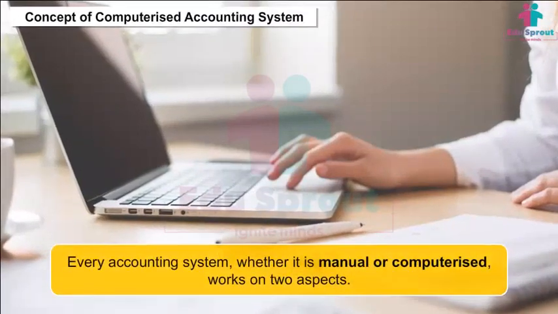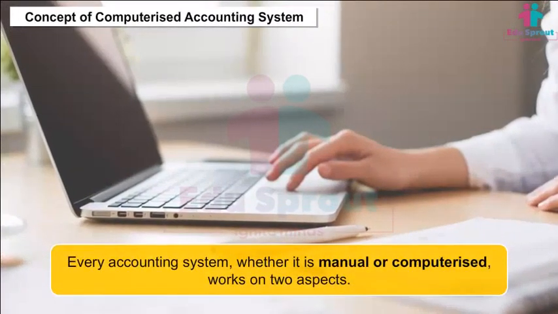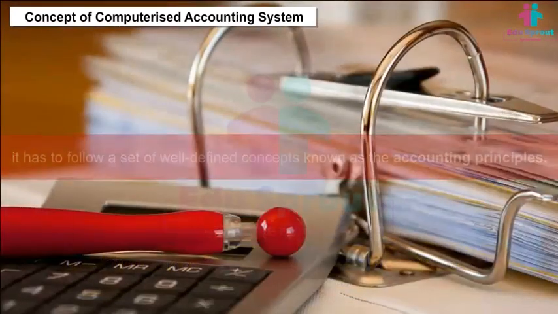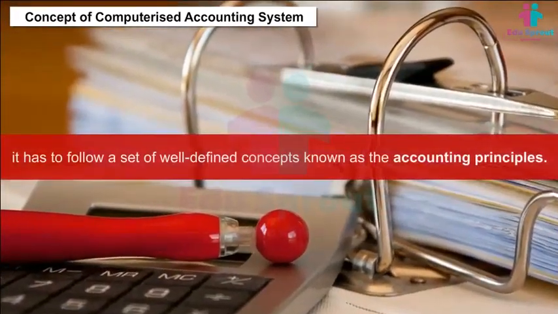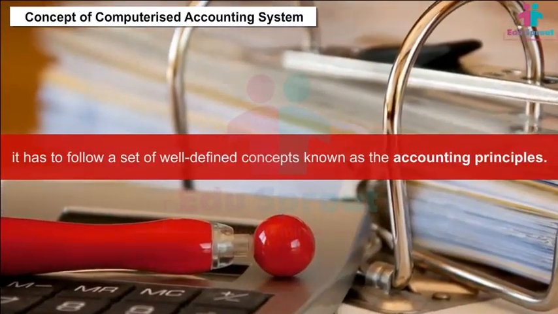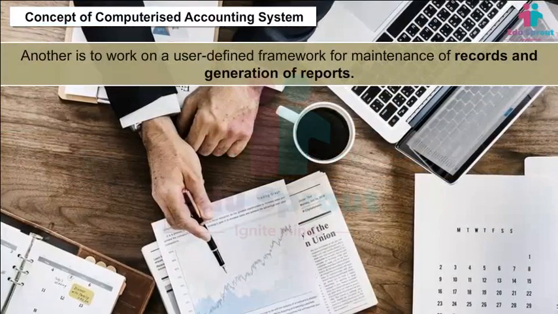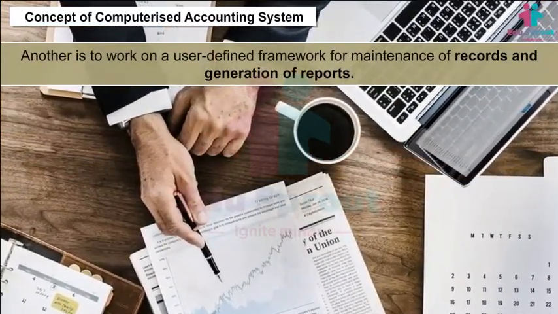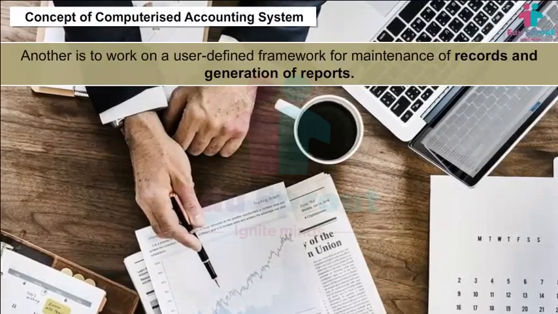Every accounting system, whether it is manual or computerized, works on two aspects. First, it has to follow a set of well-defined concepts known as the accounting principles. Another is to work on a user-defined framework for maintenance of records and generation of reports.